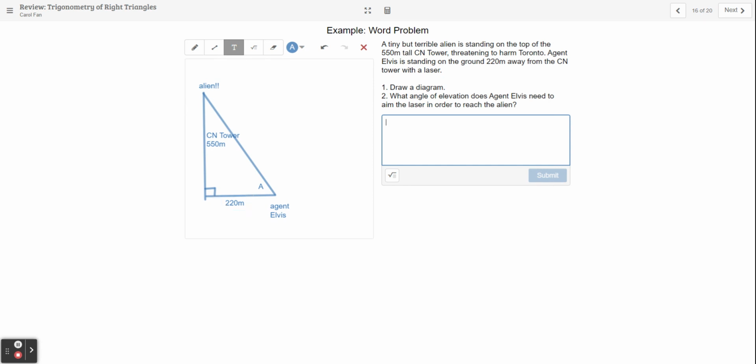Okay, let's identify our sides. CN Tower is our opposite. The distance away from the CN Tower is our adjacent. So we're going to use tangent again. Tan A is equal to opposite over adjacent.